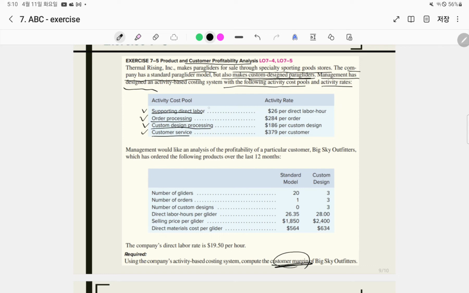And for each activity, we have activity rates. So $26 of supporting direct labor cost incurs per direct labor hour, and $284 order processing cost incurred by one order, and $186 of customer design processing cost incurred per customer design, and $379 customer service cost per customer.